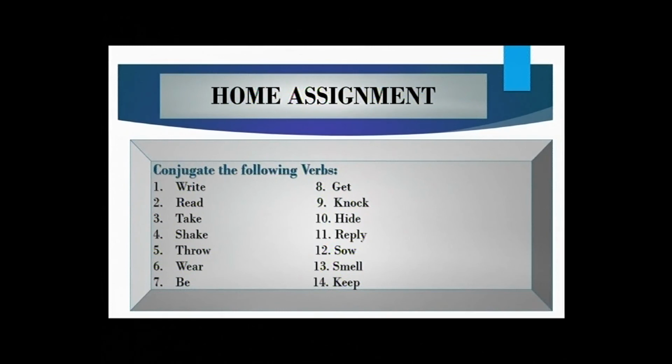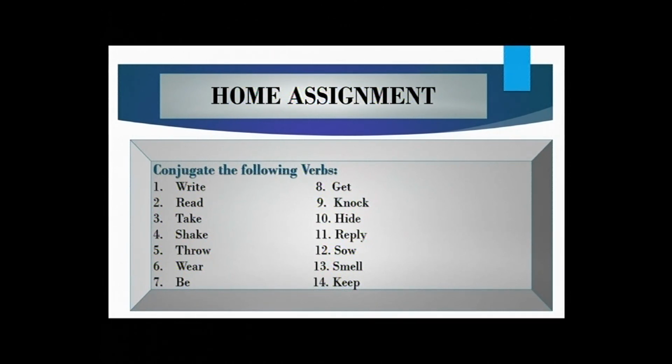Eighth, get. Ninth, knock. Here K is silent, but you have to write in spellings, K-N-O-C-K. Tenth, hide. Eleventh, reply. Twelfth, sew. Thirteenth, smell. And the last one, keep.